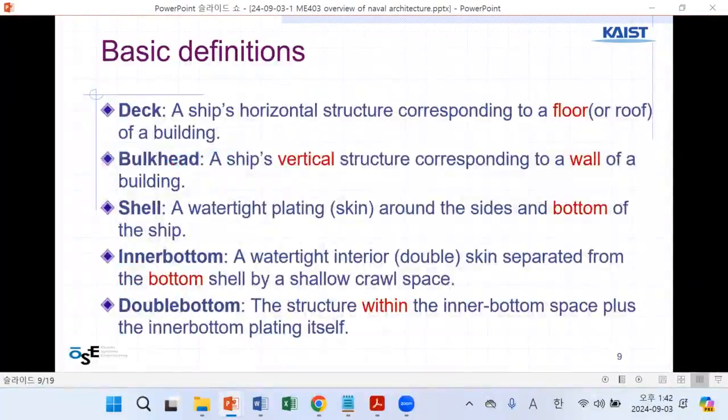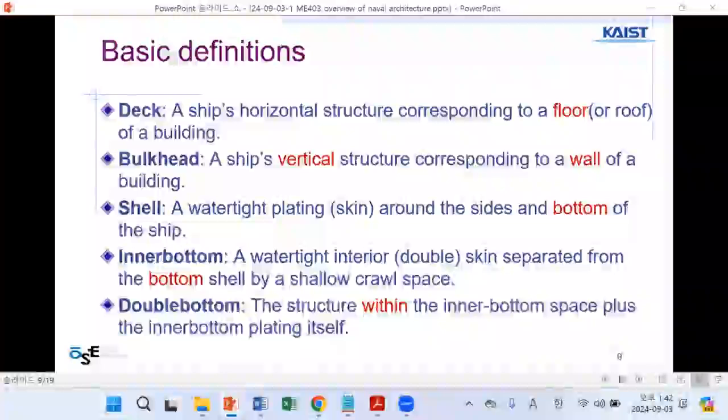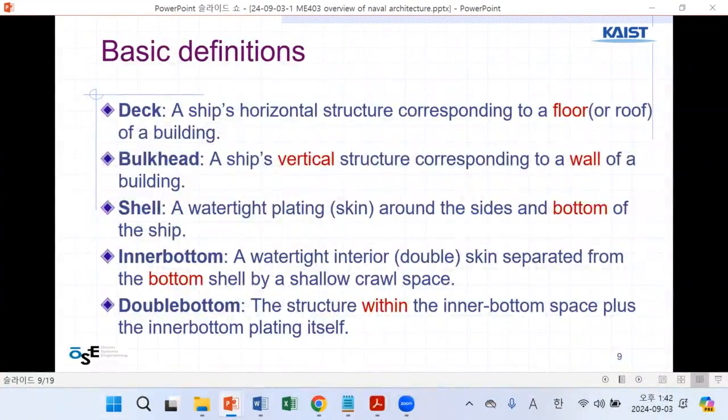More definitions. Deck. So it can be a shape. The top most covered surface we call a deck.